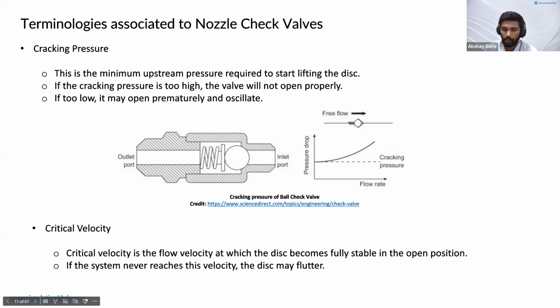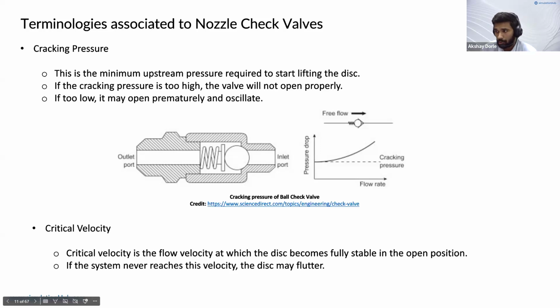It is the velocity required to open the valve in a fully open condition. So critical velocity applies to the valve when it is fully open, and that should be the minimum required velocity to open the valve.